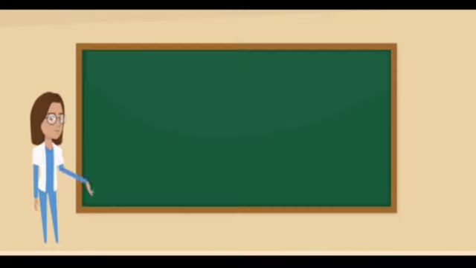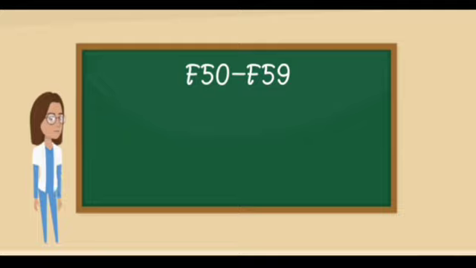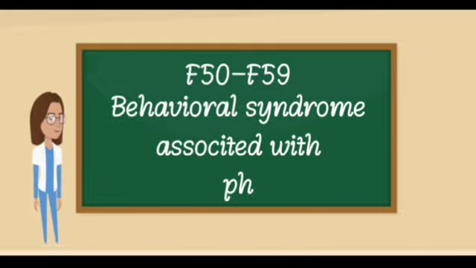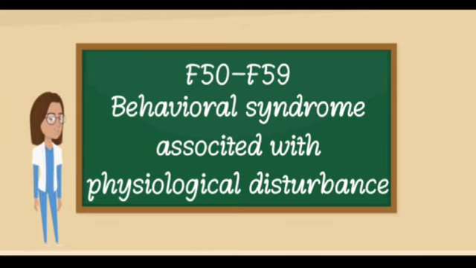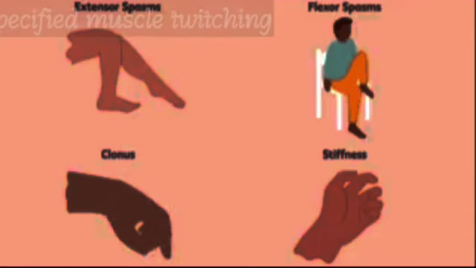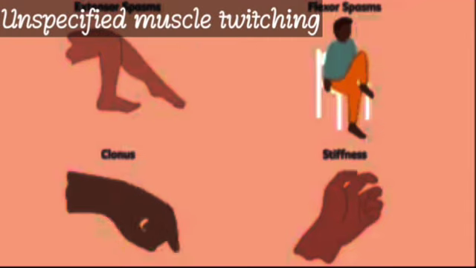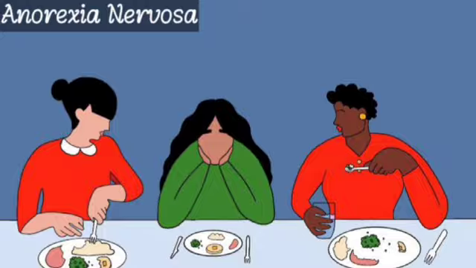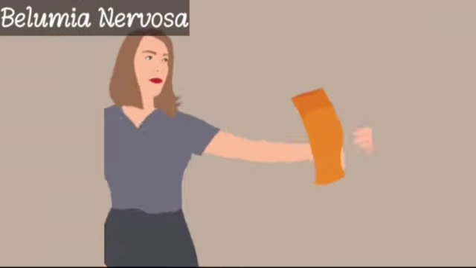Then there is F50 to F59, which constitutes behavioral syndromes associated with physiological disturbance. In this, we can keep tremors, unspecified muscle twitching, anorexia nervosa, bulimia nervosa.